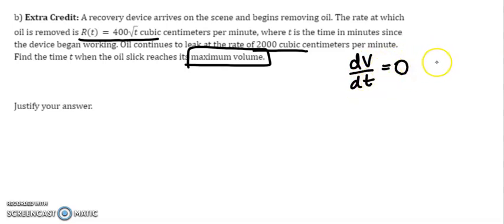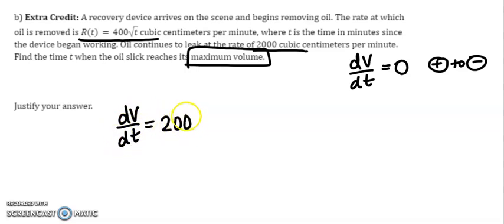And then we want to have a change from positive to negative on that volume. So, justify your answer. The rate of change of volume is going to be equal to the 2,000 that keeps getting added into the oil slick minus our ability to remove the oil at a rate of 400 square root of t cubic centimeters per minute.